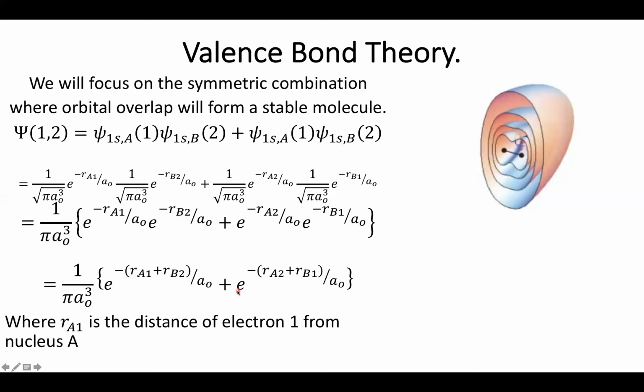But the problem here is I also have this portion, which is going to be the greatest when electron 2 is around atom A and electron 1 is around atom B. So when you add these two together, it gets a little bit problematic because electron 2 wants to be both around atom A and atom B, and the same thing with electron 1.